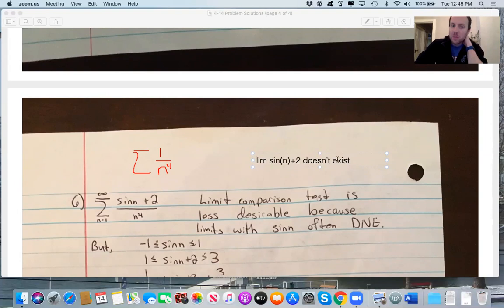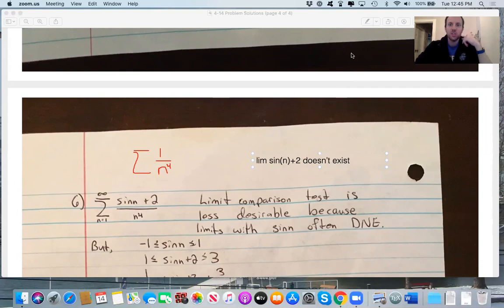And if you get that the limit doesn't exist, you can't use the limit comparison test, at least not with that comparison series. So the limit comparison test isn't really a great test here.